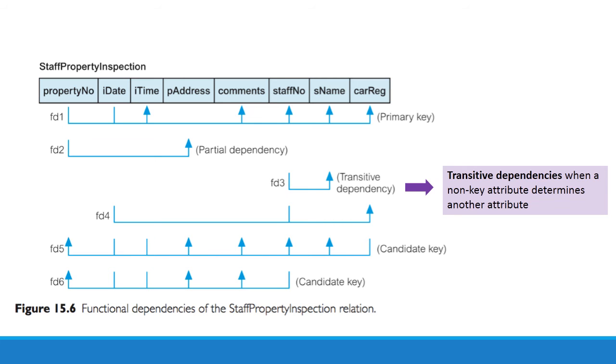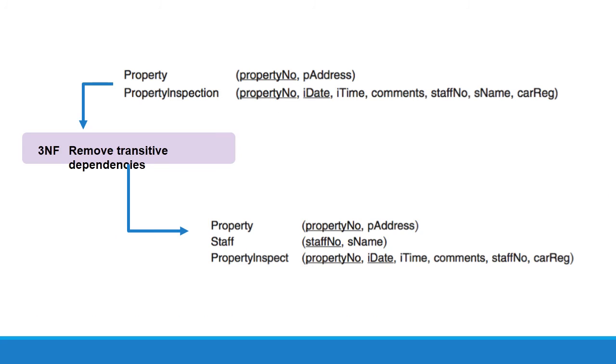Now the third normal form is when we remove the transitive dependency. According to the functional dependency, staff name is transitively dependent on staff number. So how do we remove this? We create another table called the staff table. The staff table has the attribute staff number, which is the primary key of the relation staff, and it also has the staff name as its non-key attribute.